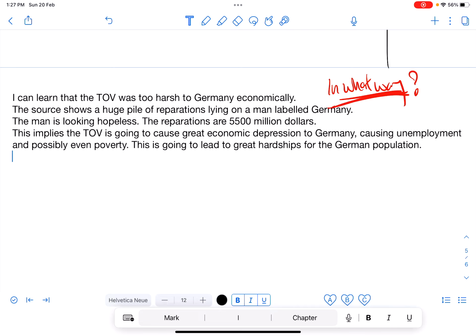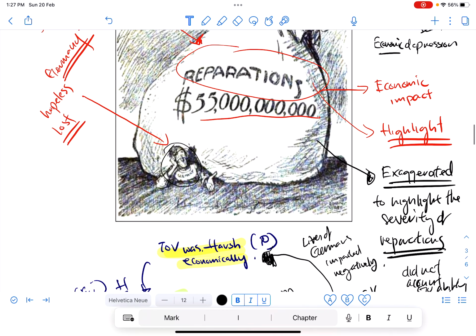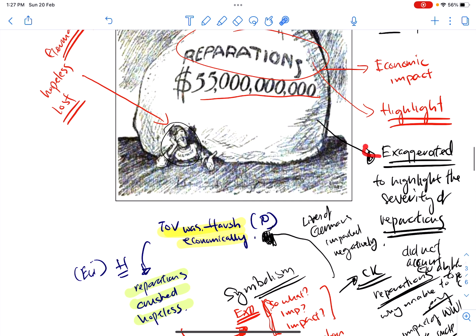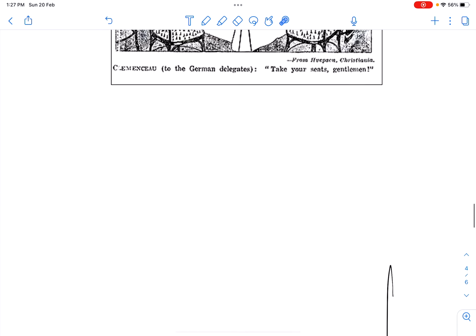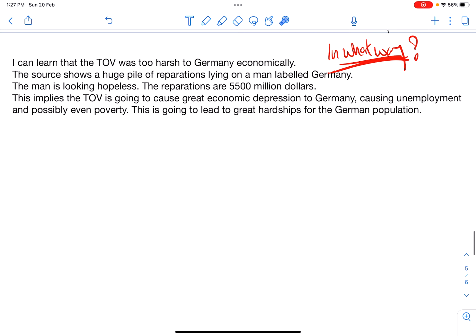Okay. So then after that you try and explain any techniques being used in the source. In this case, I clearly see the technique is exaggeration, right? The money is too big. Okay, so what does this exaggeration imply? So you can write it down the next line.